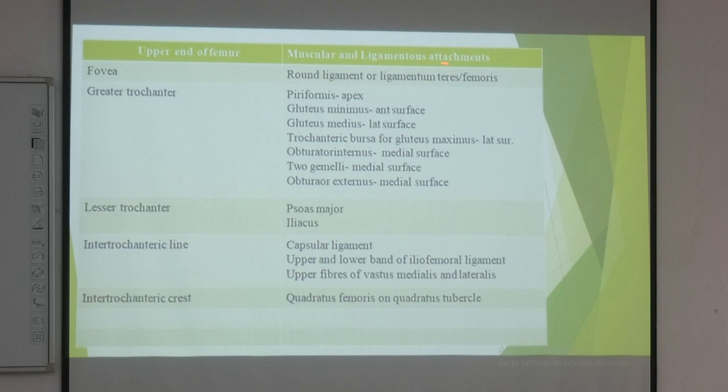This ligamentum teres femoris is the ligament attached in the depression, in the gap. If you are given this particular bone in an examination and asked to identify the head and the fovea, the next question will be what is attached to this fovea, which is a ligament.